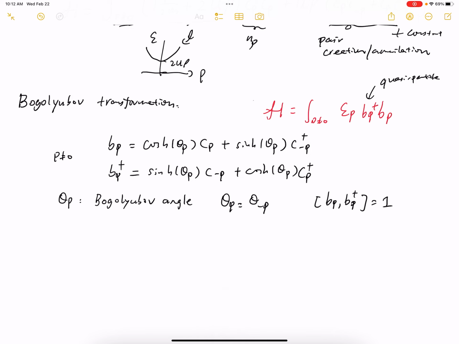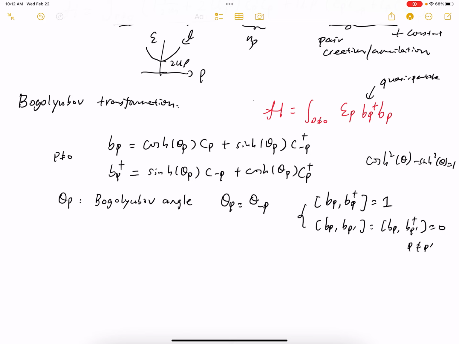And if you have BP and BP prime, or BP and BP dagger prime, this is going to be equal to 0 if P is not equal to P prime. So in homework two, you'll be asked to show this. The way you show this is that, at the end of the day, you use identities like cosh square of theta minus sinh square of theta equals 1.